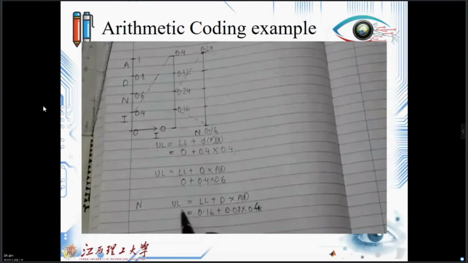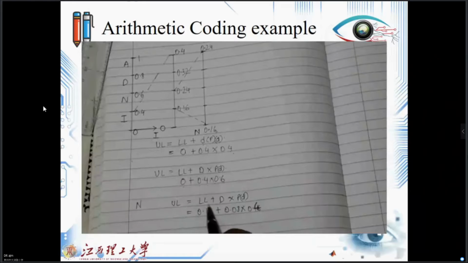And for the word and, we will start to calculate the upper limit, lower limit, multiplied by the probability.